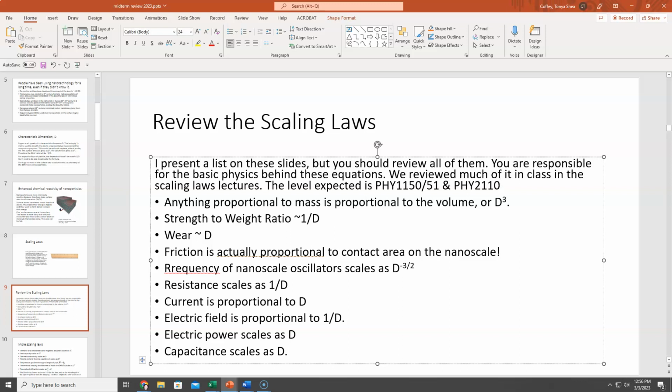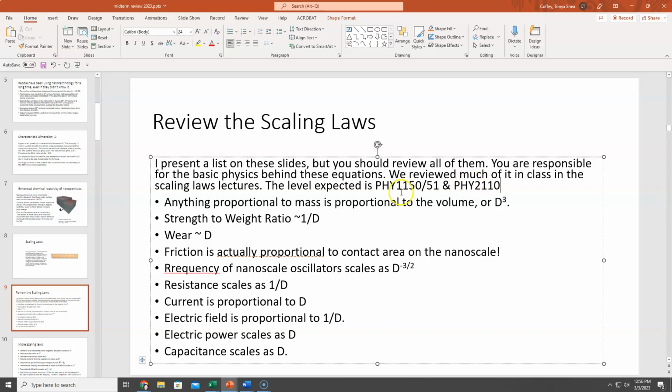Anything proportional to mass is proportional to the volume, which is proportional to the characteristic dimension cubed. The strength to weight ratio is proportional to 1 over d. Wear is proportional to d. Anything affected by friction is actually proportional to the contact area on the nanoscale.